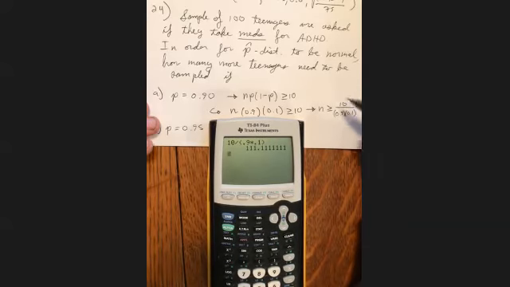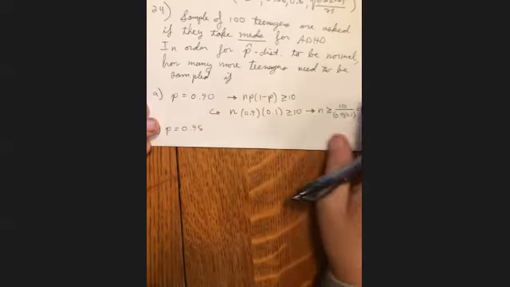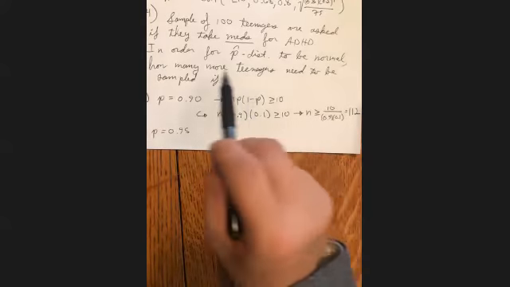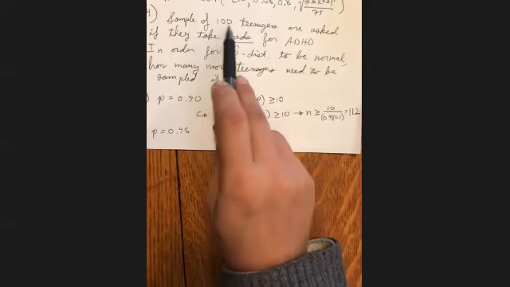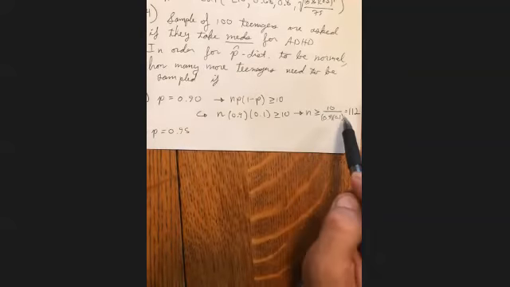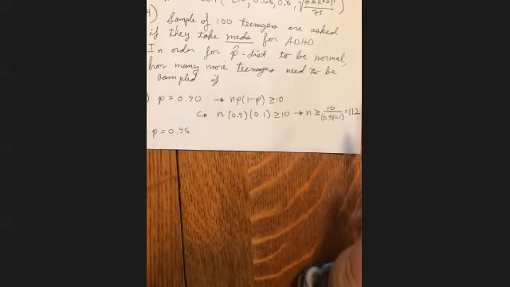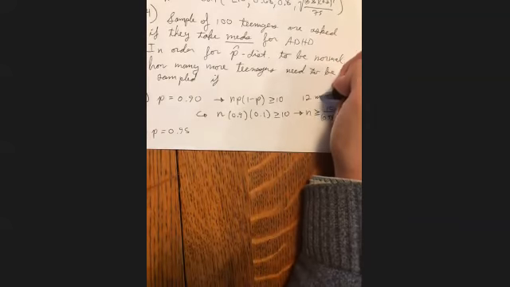So greater than or equal to 111.11. So we can just say that rounds up to 112 because we need to have a whole number of people. So the question is, how many more? We started with sampling 100. We need to sample 112 in order to assume normality. So the answer is that we need to ask 12 more.